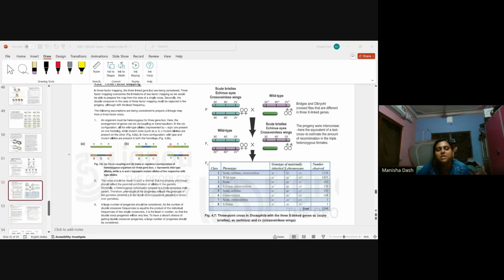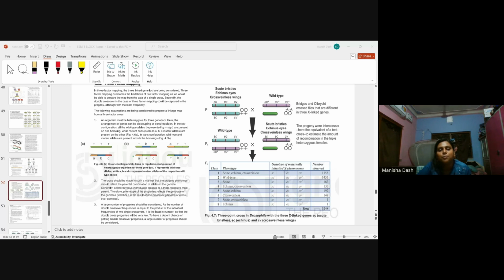So here plus means a dominant or wild type character. But if you observe here, two dominant characters are there, but there is a recessive character in the middle. So the position of A and C is cis because they are on the same chromosome. But the position of A and B is trans, and the position of B and C is also trans.